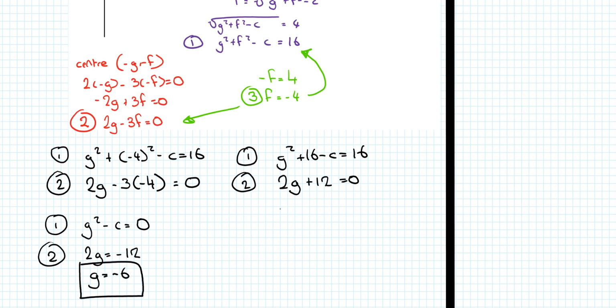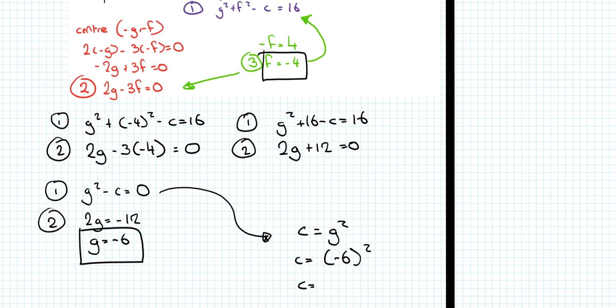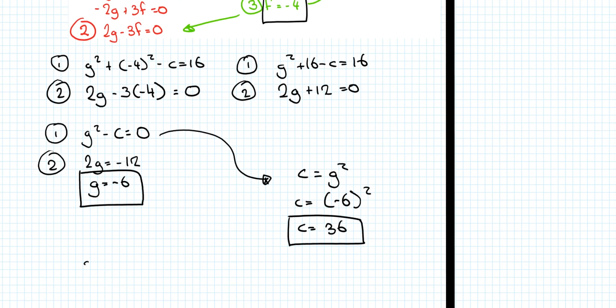Now I have that. I have f. Now I can use equation 1 here. C is equal to g squared. C is equal to minus 6 squared. C is equal to 36. Let's write out the equation that we know. We know it's x squared plus y squared minus 2gx plus 2fy minus c is equal to 0.